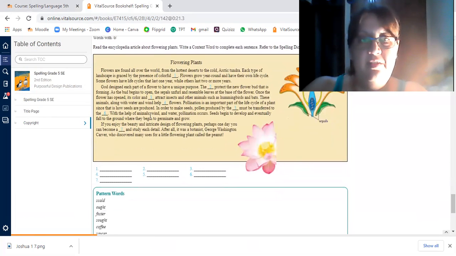Now, you do not need to write this whole thing out, but you do need to put numbers 1 through 7 and then tell me which word goes in which space. And if you see up here, each one has a number in it. So, for example, it says flowers are found all over the world, from the hottest deserts to the cold Arctic tundra. Each type of landscape is graced by the presence of colorful, and then you're going to pick a word.